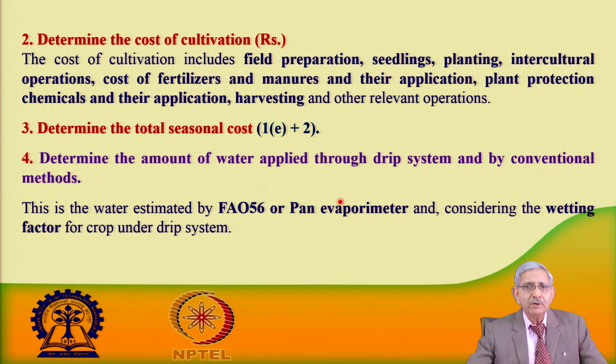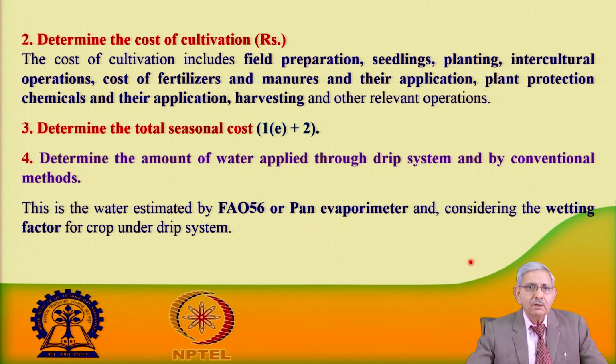So, here we will be estimating the amount of water used when we are giving water through the drip system and when we are giving it through the conventional system. But what happens when we are giving water through the drip system is that we are not flooding or wetting the entire area allocated to each plant.